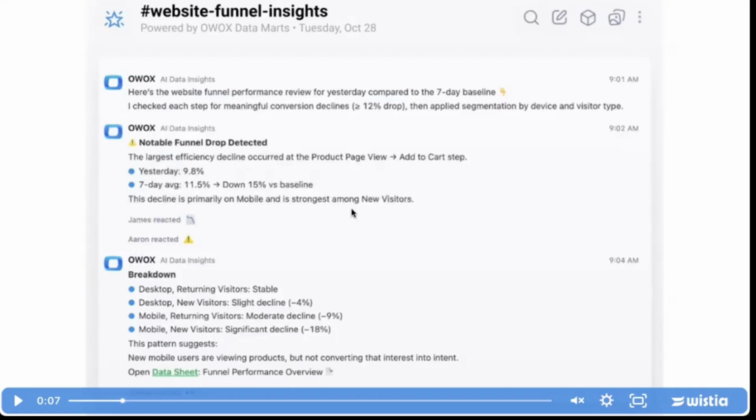So we want to see, in segmented data, the drops that reflect the conversion week by week.